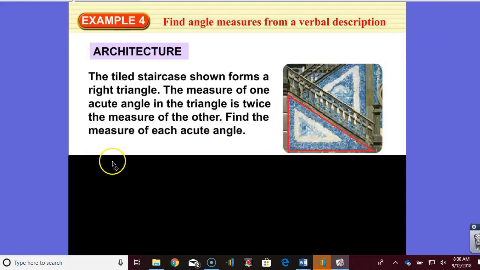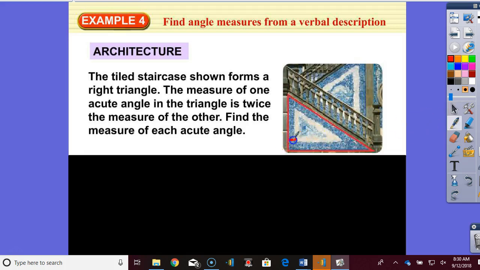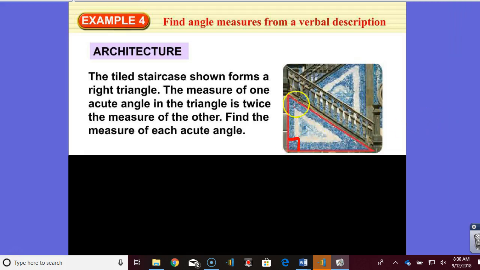The tiled staircase shown forms a right triangle. The measure of one acute angle in the triangle is twice the measure of the other. So we know that this is a right angle, because it's a staircase. One of them is twice the other one, so we'll say 2x versus x. Find the measure of each acute angle. 180 minus 90 is 90, so these two have to add to 90. So 2x plus x, or 3x, equals 90.